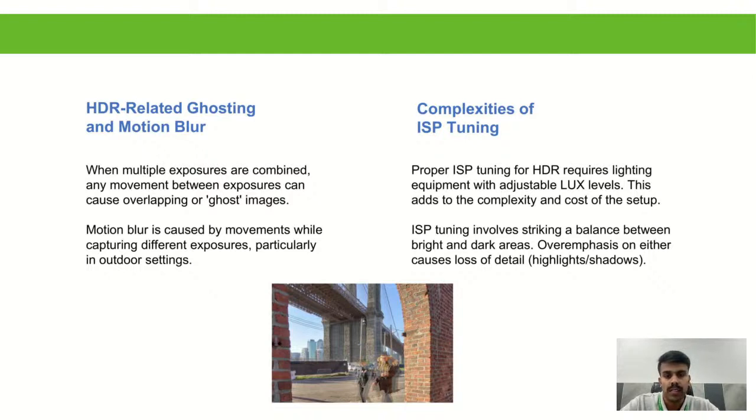This allows you to capture the details in the highlights as well as the shadows. So there is a lot of post-processing done by the ISP, and this has to be pre-trained into the ISP beforehand. This is called ISP tuning, and it has to be done in a specific environment.